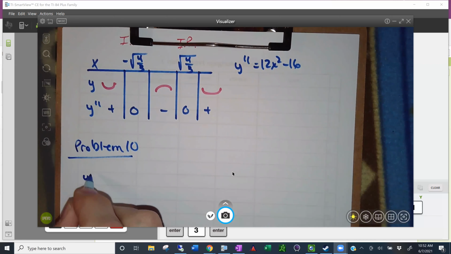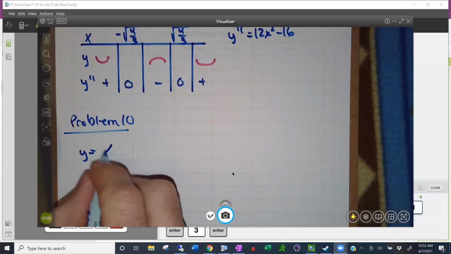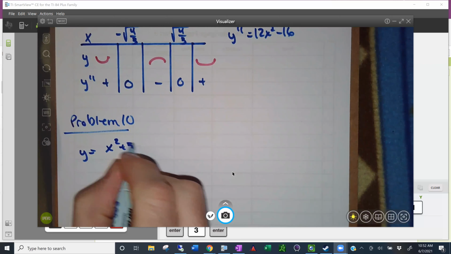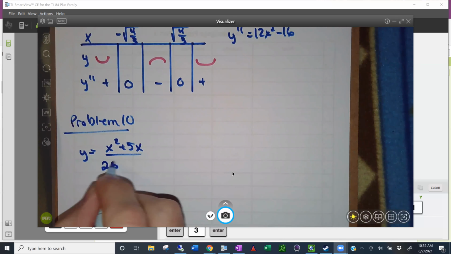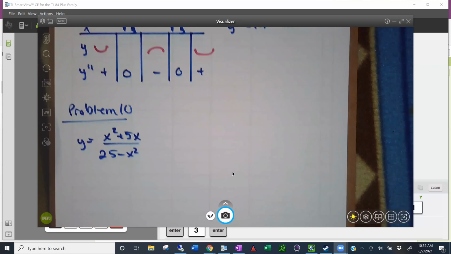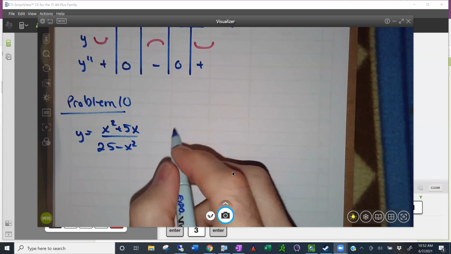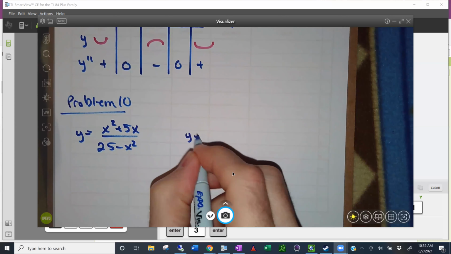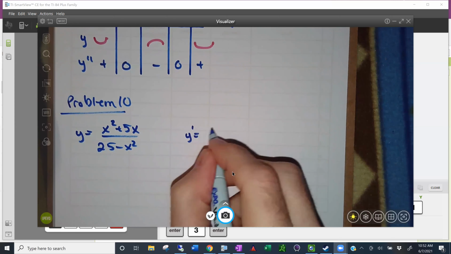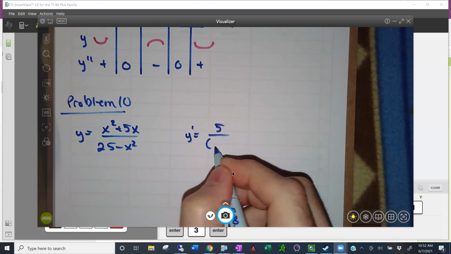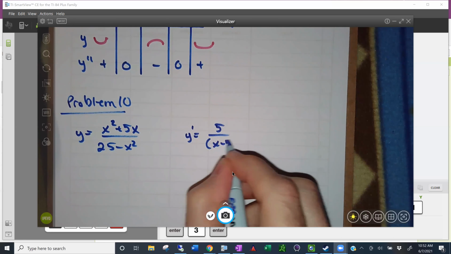We're going to have y equals x squared plus 5x over 25 minus x squared. And then let me helpfully give you the first and second derivatives. The first derivative is 5 over x minus 5 squared.